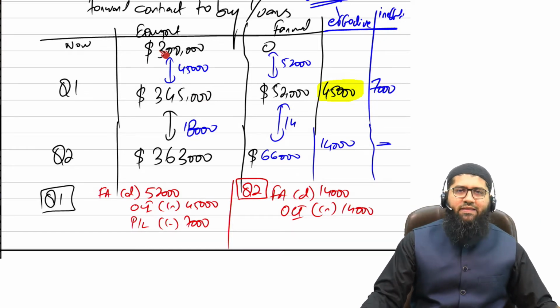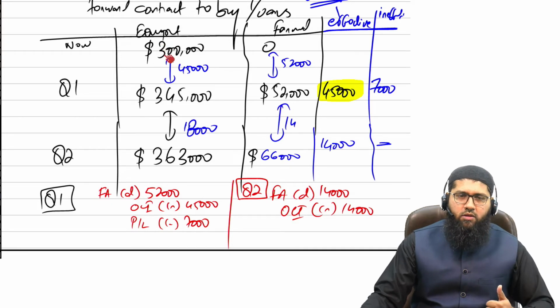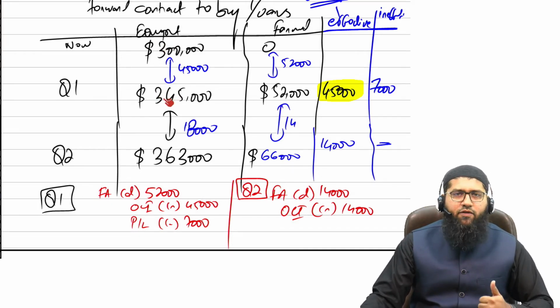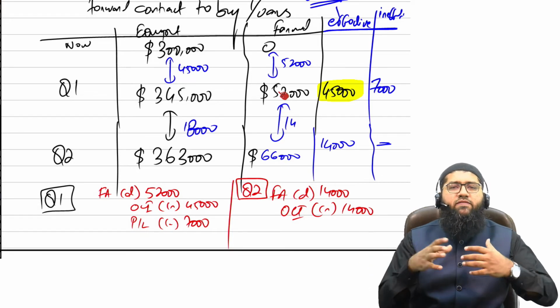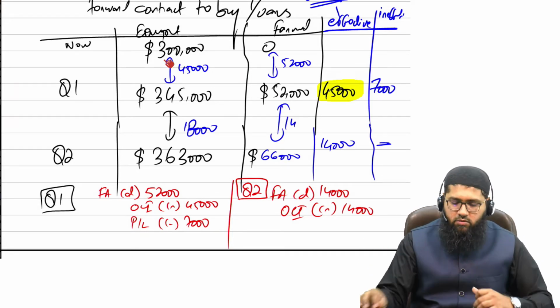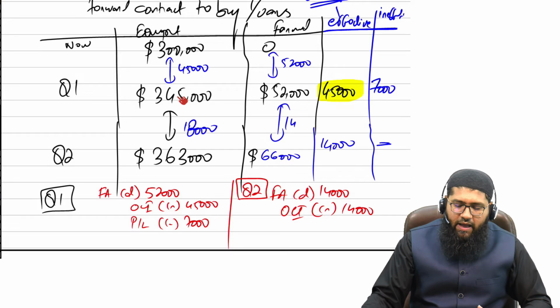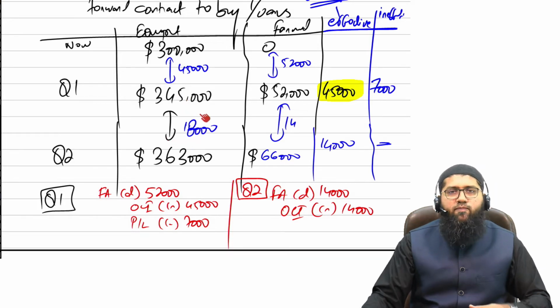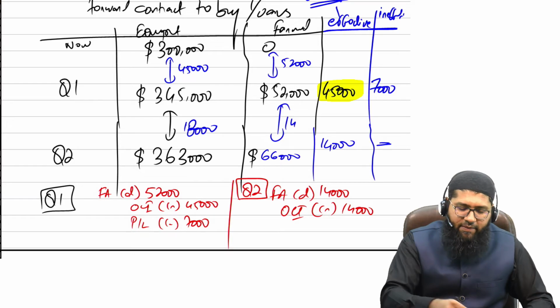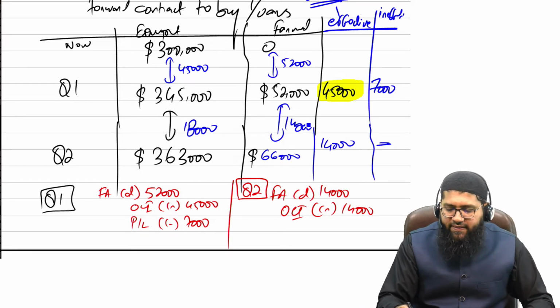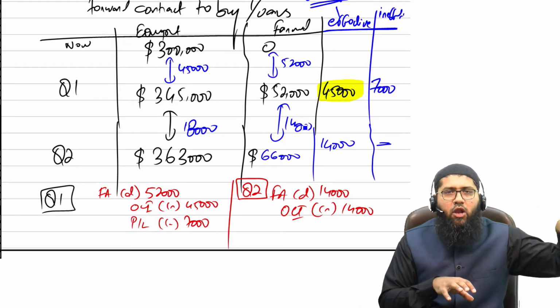You could have purchased the asset for $300,000. Now you are purchasing it for 345, whereas the instrument has moved by 52, so there is an ineffective portion in the movement. Now the asset's value has moved by 18,000, whereas the instrument has moved by 14,000. So this whole 14,000 would be offsetting the loss of 18,000.